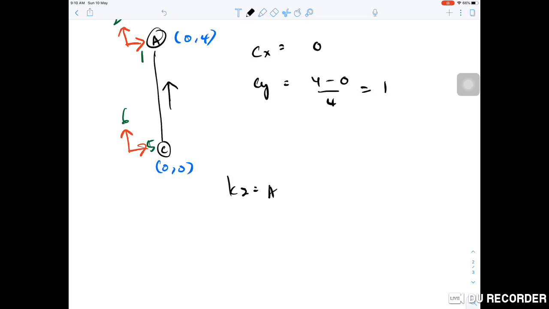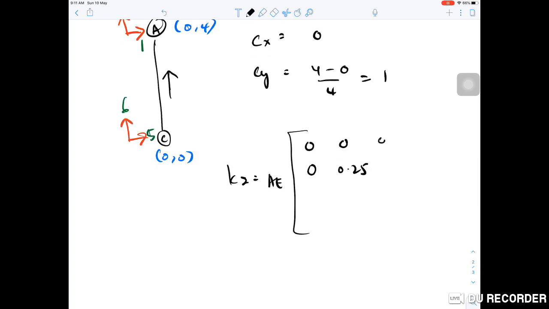It is AE over L. Cx is 0, Cx square is 0, Cx Cy is also 0, and Cy square means 1 square divided by 4, which is 0.25.